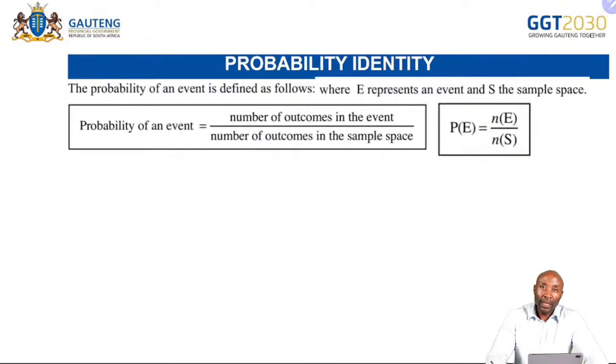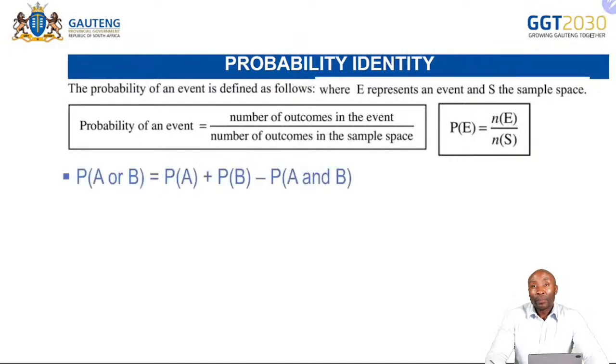Number, small letter n, that is the number of times that event is going to occur over the number in our sample space. Remember, our sample space is a list of all possible outcomes. An outcome is a possibility in an experiment or in a particular event occurring.